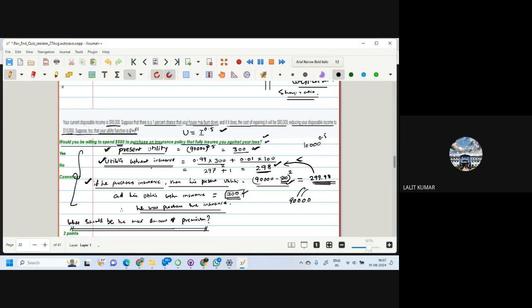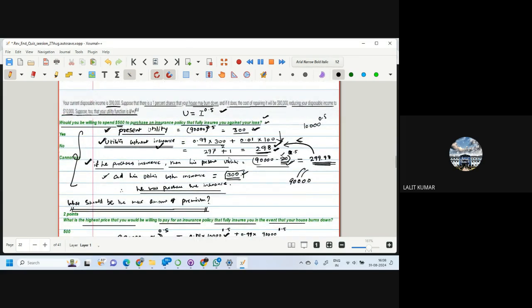So his utility without insurance is 298, decreasing. If he purchases insurance, then his utility will be 90,000 minus 500, the money which he spends, to the power 0.5, which becomes 299.98. So he will purchase the insurance in this case.